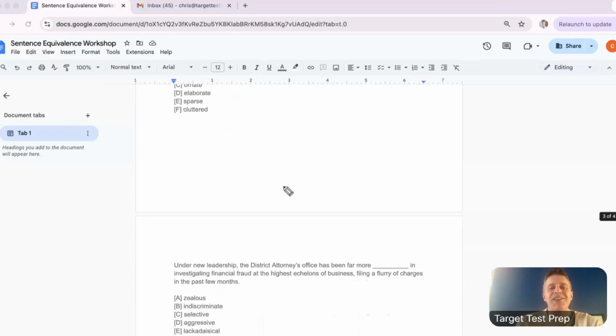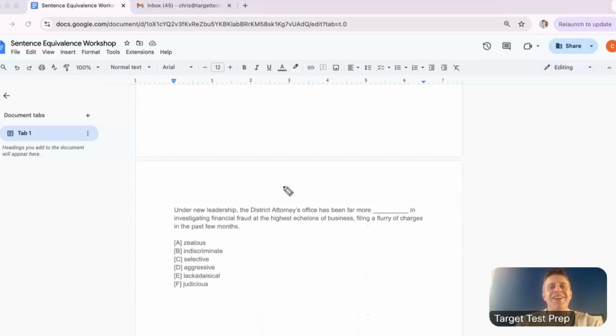This was the question I kind of jumped the gun on a second ago, where there are 6 answer choices, and the correct answer choices aren't necessarily synonyms. The reason I'm showing you this question is that this sometimes happens on the GRE sentence equivalence, where they're not quite synonyms, but they're still the answer choices because they create similar sentences.